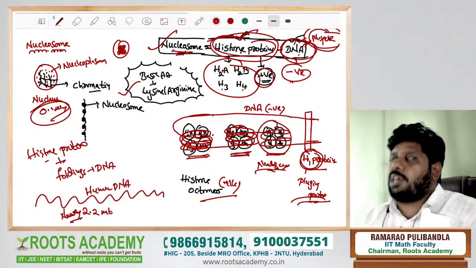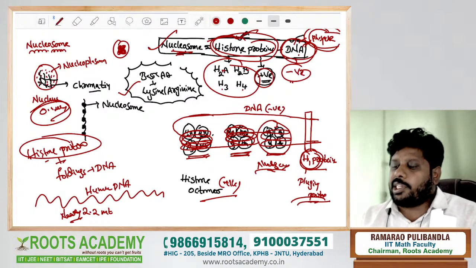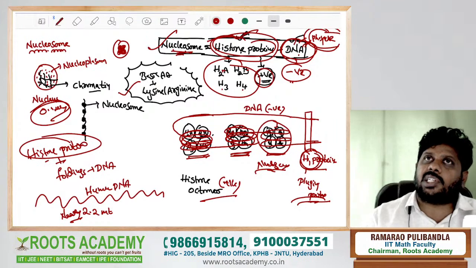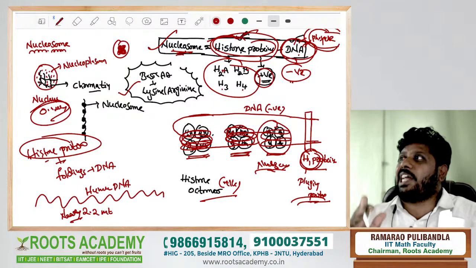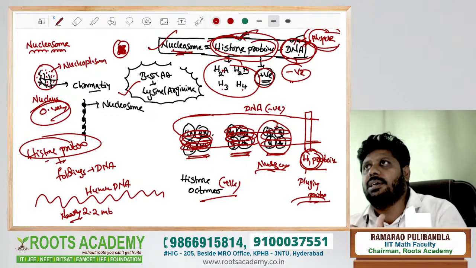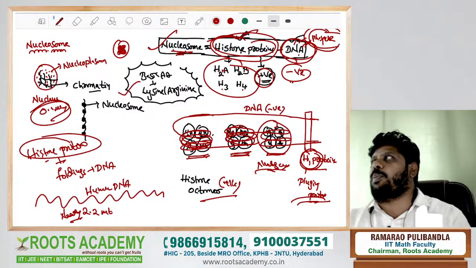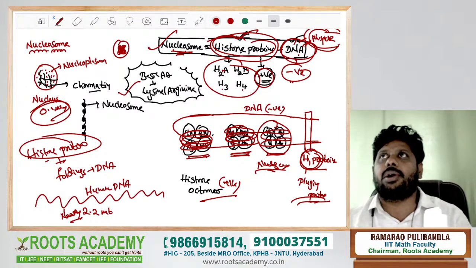It settled in such a small nucleus because of histone protein. So histone proteins make the foldings in the DNA, that's why the length of DNA decreases. Finally it is possible to settle in the 0.1 micrometer containing nucleus.